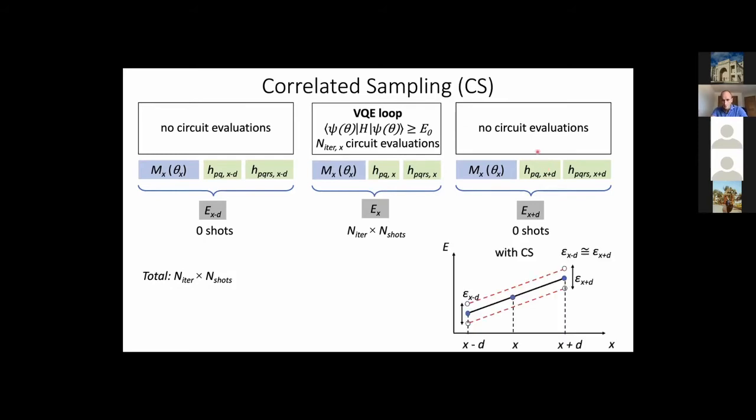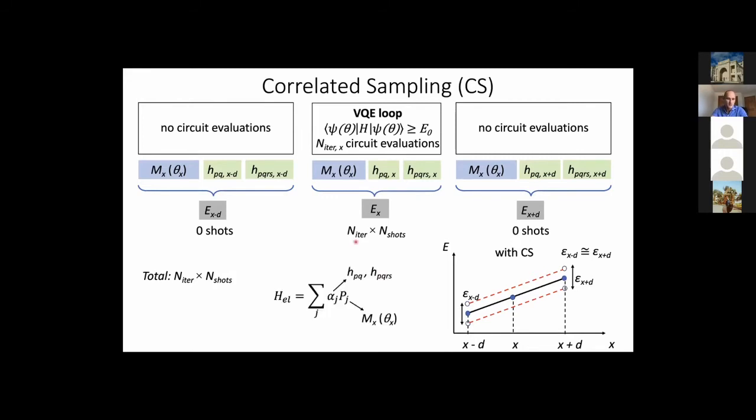Essentially, the errors at displaced geometries are now correlated, so they are not independent, and that should improve the accuracy of the gradients.